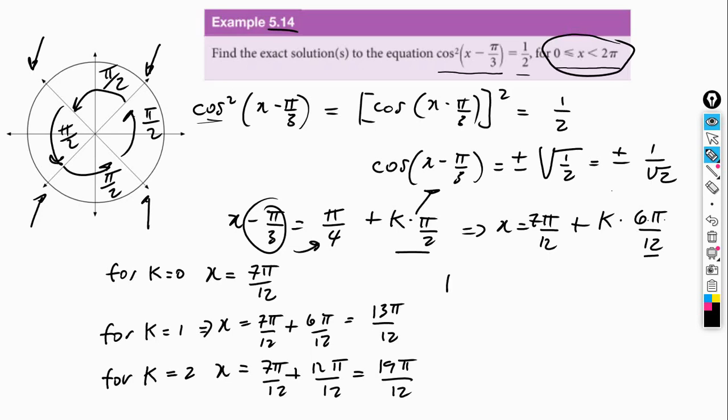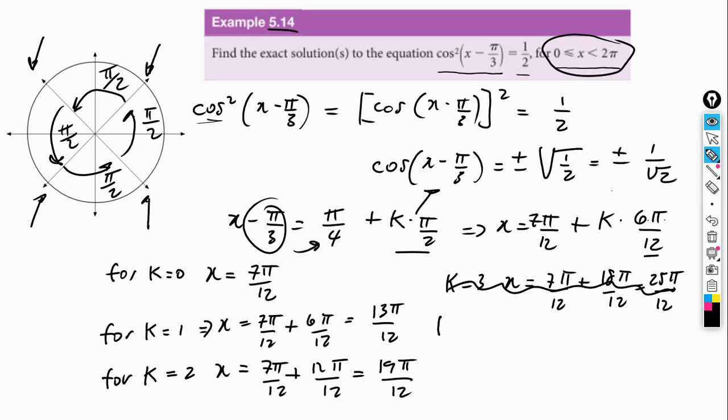But if we use k equals 3, we would get that x is equal to 7 pi over 12 plus 6 times 3, 18, so 18 pi over 12. And if we add these, this is going to be 25 pi over 12. But this is obviously greater than 2 pi. So this is not a solution. Now, this doesn't mean that we found all the solutions because we could also have a negative value for k.